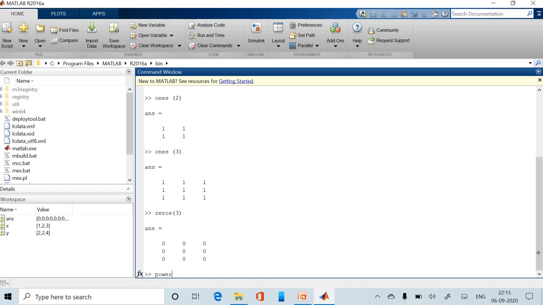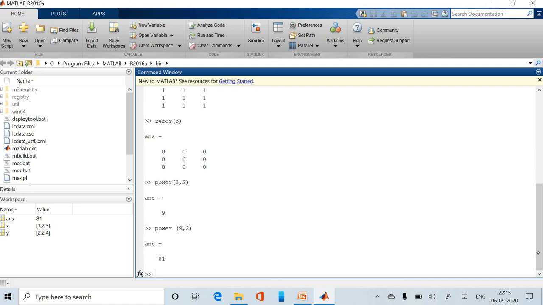The power syntax is 3, which is the number you want to raise, comma 2. Power 3 comma 2, and the answer we should get is 9. Again we can check for another number also. Suppose 9 square is 81. 9 comma 2.